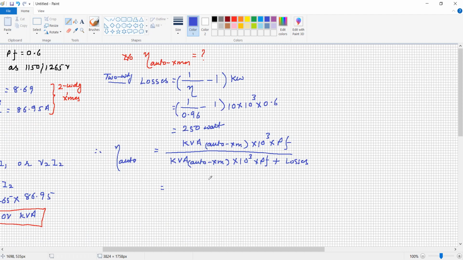So it is 110 multiplied by 10 raised to 3 multiplied by 0.6 divided by 110 multiplied by 10 raised to 3 multiplied by 0.6 plus 250 watt, and hence the efficiency is 99.62%.